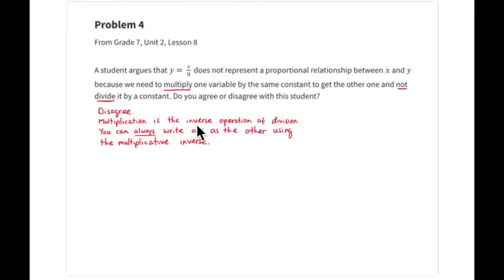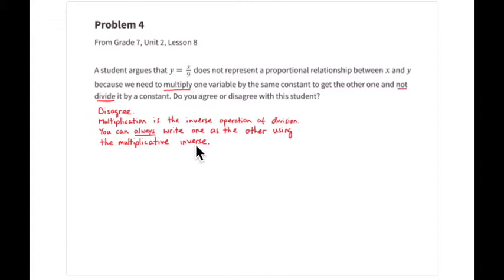Well, in fact, you should disagree, because multiplication is the inverse operation of division. Because x is being divided by 9, that's the very same thing as multiplying x by 1/9. So you can always write one as the other using the multiplicative inverse.